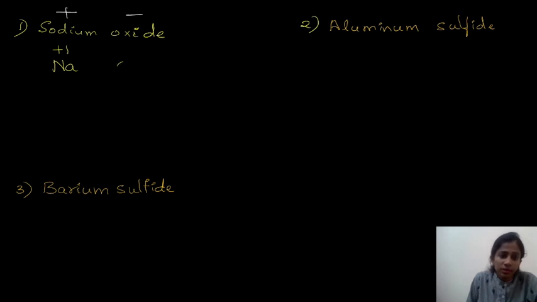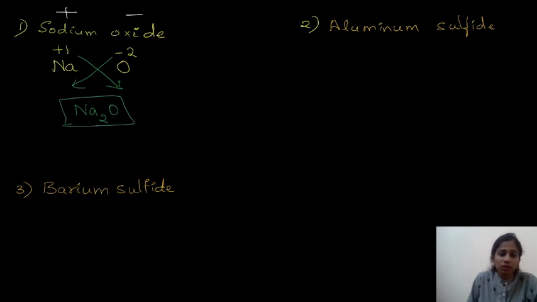Oxygen belongs to group 16, so the symbol is O and the charge is -2. The charges are not the same, so I have to cross these charges. When I do that, the formula will be Na2O. This is the formula for sodium oxide.